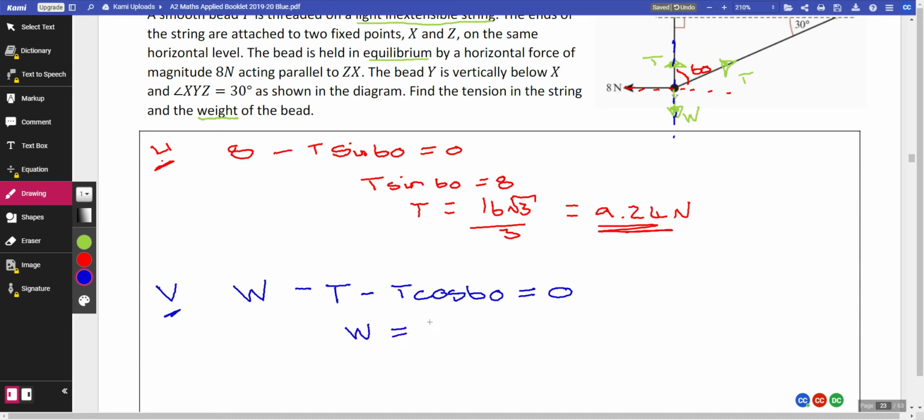So weight is equal to 3 over 2 T. Calculating that, we get 13.9 to 3 significant figures.